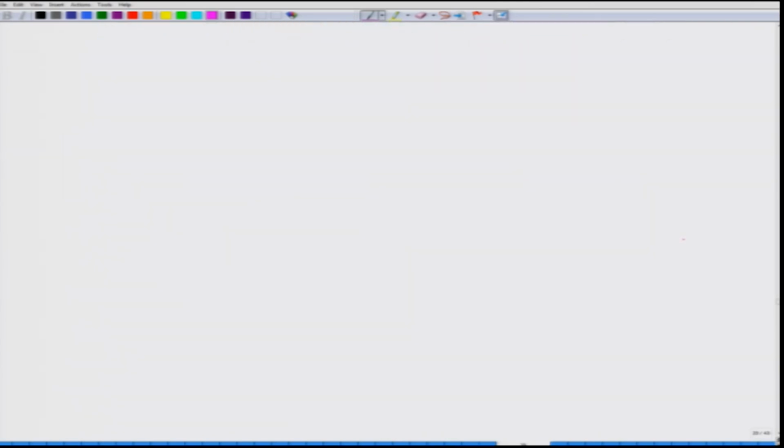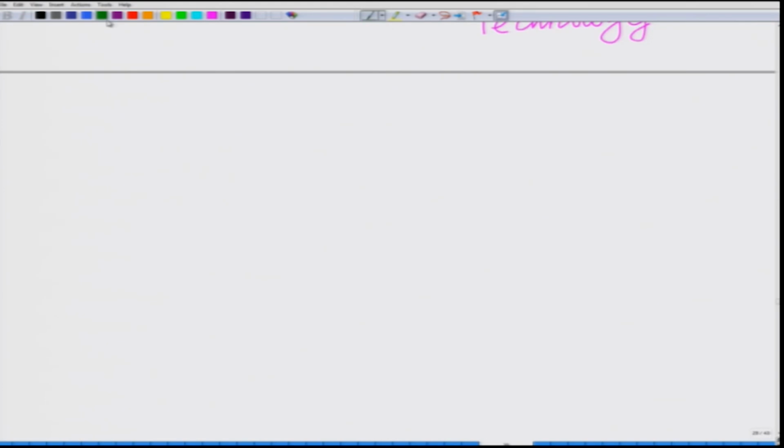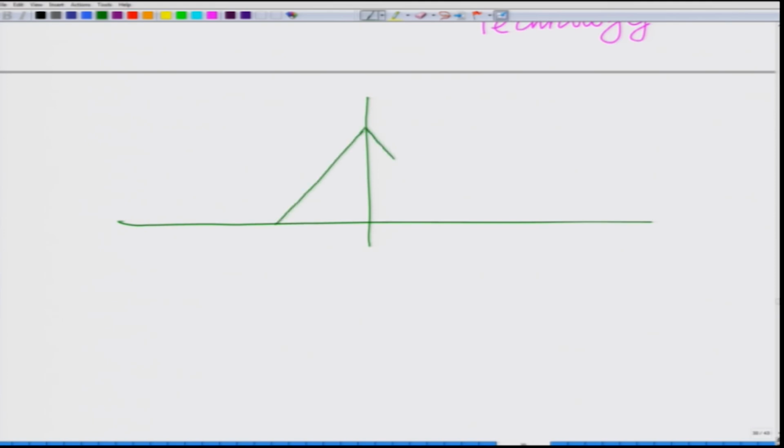For instance, let us take a simple GSM example. If you look at the original signal, it has a bandwidth of W equals 100 kilohertz centered at frequency 0.